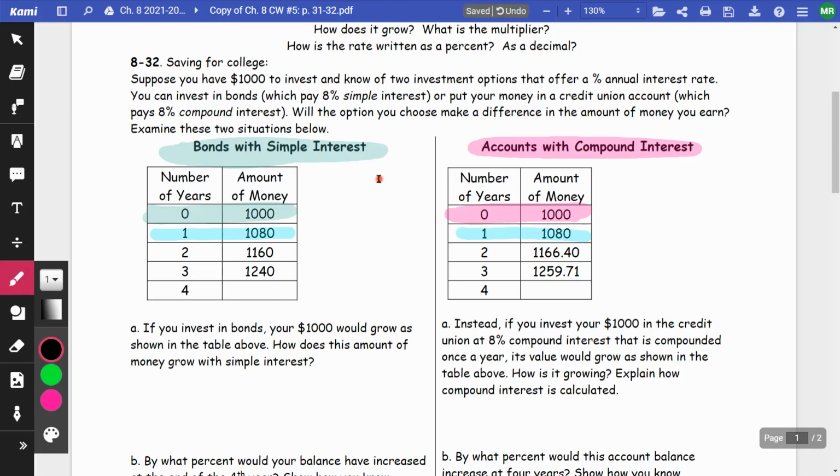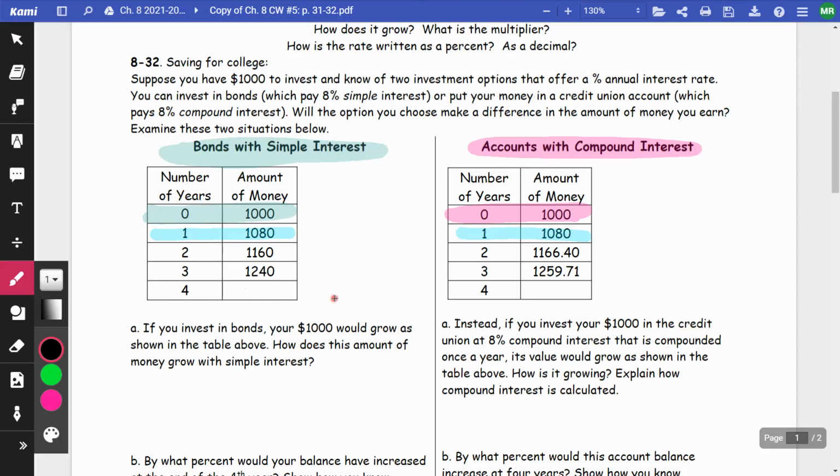So right now, what I want you to do is figure out what are we doing in the first table to generate these numbers. You can just write it on the side what you're doing. Then what you're going to do is answer what it would be for the fourth year. Then you're going to do the same over here for the compound interest. So you can pause the video, try that, and then come back and we'll talk about the answer.